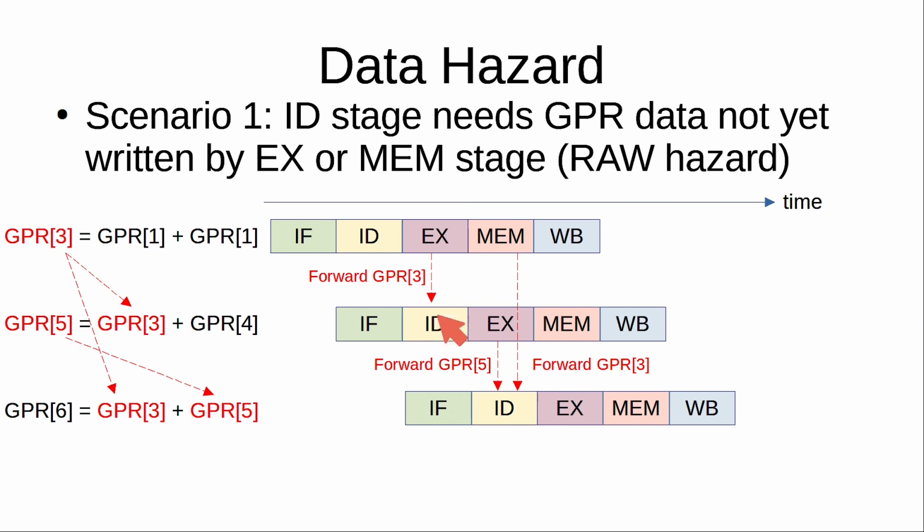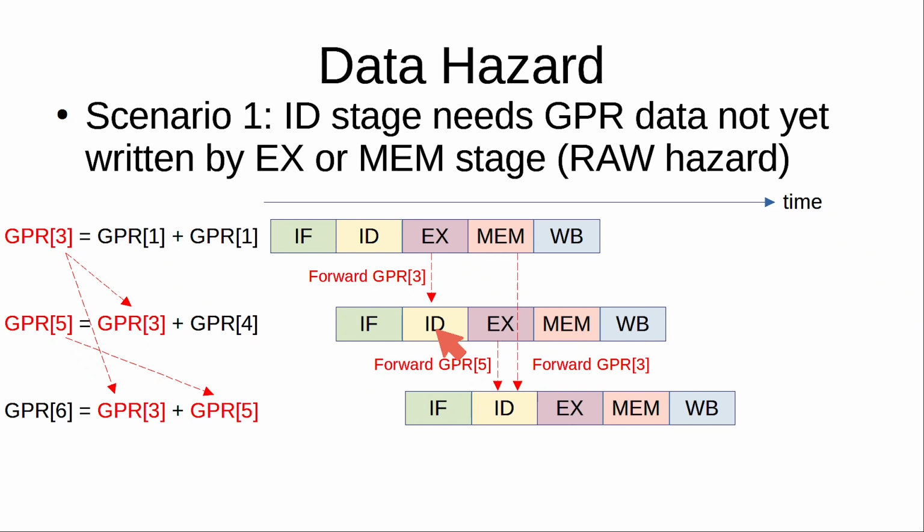And at this point in time, there is some problem, because our second instruction needs this GPR3 from the first instruction, while our first instruction is still in the execution stage, which means this GPR3 has not been written back into the actual GPR yet. So this is how a data hazard can occur.